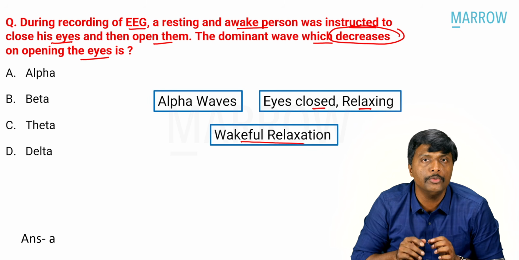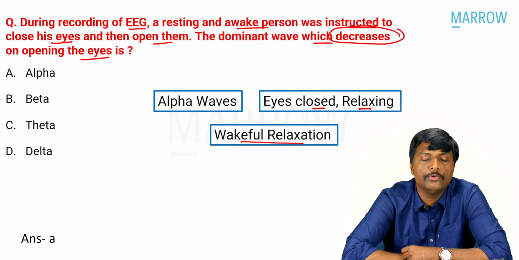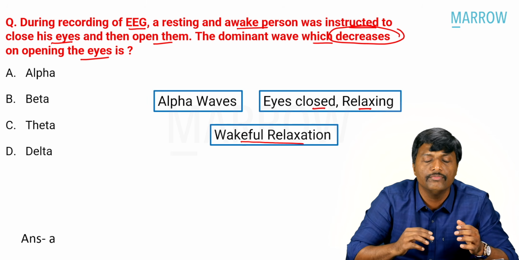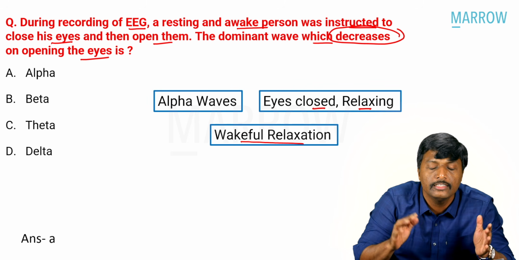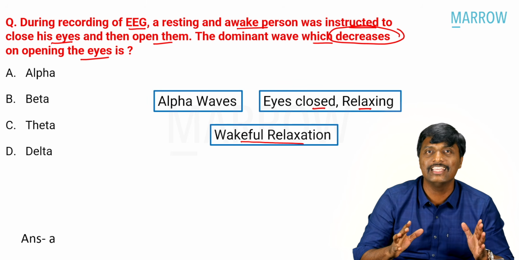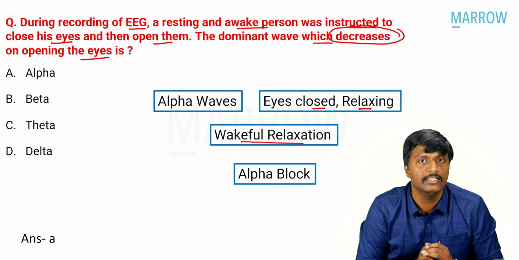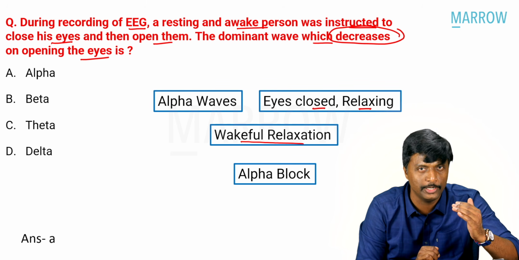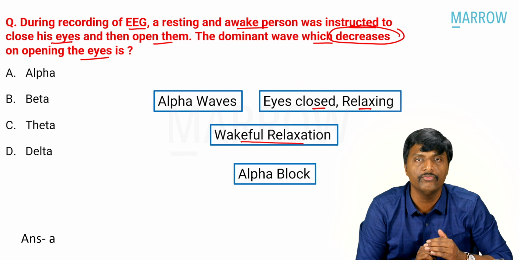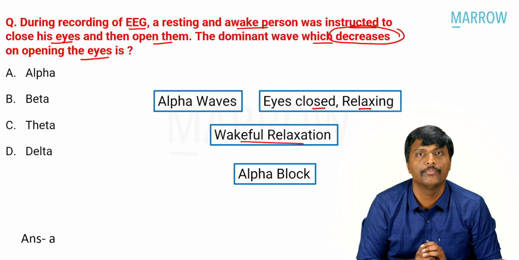See, we try to do this funny activity at times, right? Someone is simply closing his eyes and relaxing. We go near them and startle them like this. Immediately they will open their eyes. What is that phenomenon called? Alpha block. That means the wave that is going to decrease now is alpha. When you become alert, when you are attentive, beta waves will come.